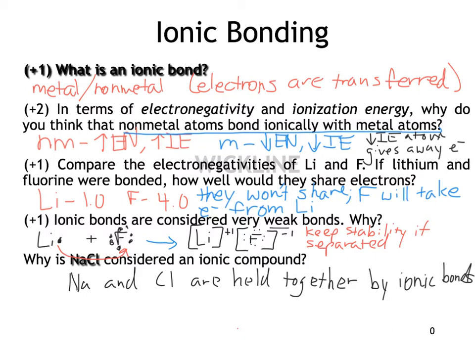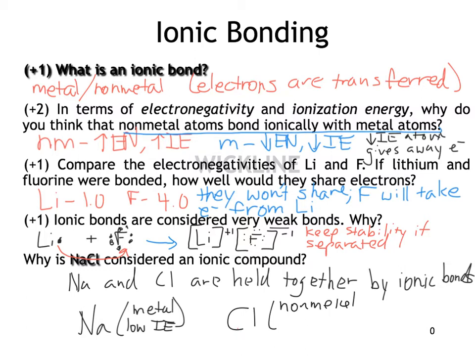And the way I knew automatically that that bond would be ionic is because sodium is a metal, and therefore it has a low ionization energy, whereas chlorine is a nonmetal, and therefore it has a high electronegativity. And it's the interaction between the elements that have low ionization energies and high electronegativities that creates ionic bonding. In other words, whenever a metal bonds to a nonmetal, you always have an ionic bond.